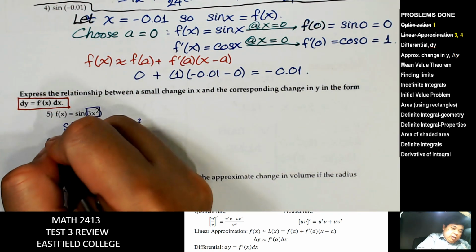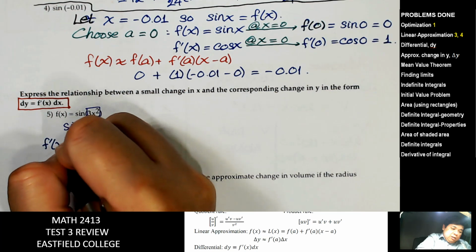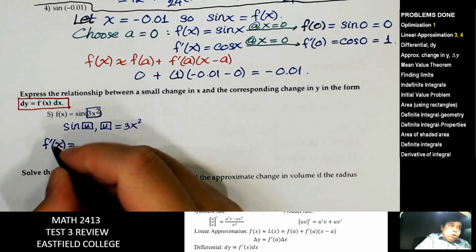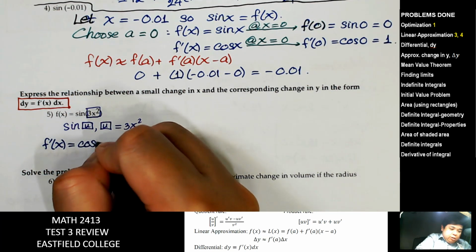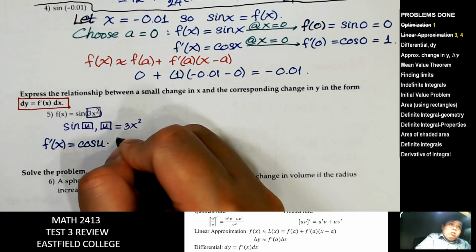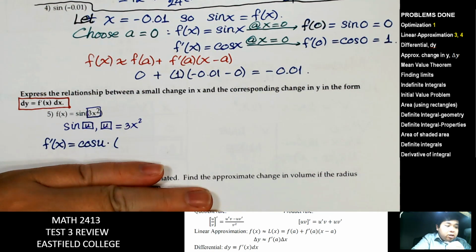So we have the derivative. Sine of u is cosine u. Derivative of 3x squared is 6x.